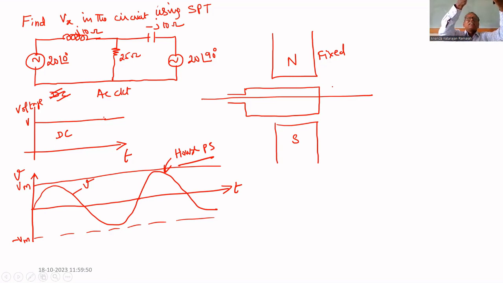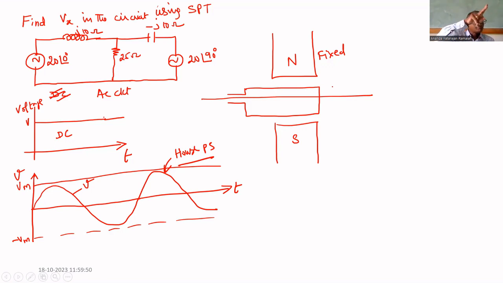But if it is inclined, the small displacement can be resolved into two components: horizontal displacement and vertical displacement. Only for the vertical displacement is there an induced EMF.